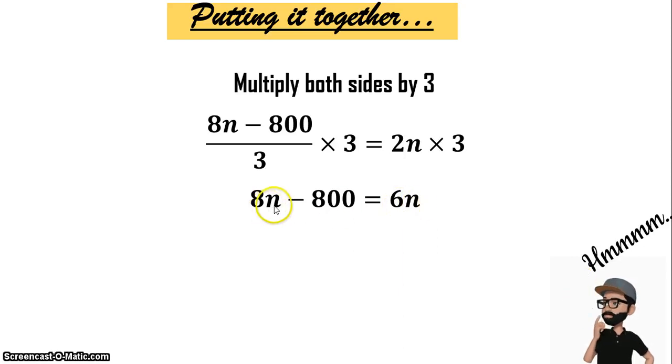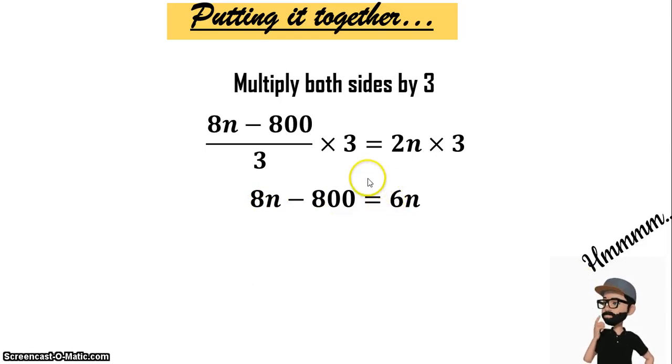This has n, this doesn't have n, this has n. What do you do? It's simple. You simply move this that has the letter to meet with the other value that has the letter. This is positive. Take note, there is no sign there, so it means positive.